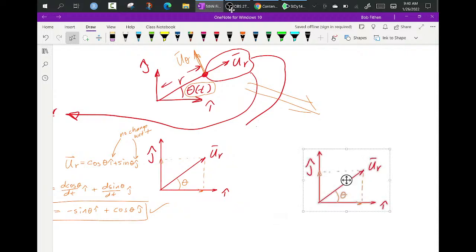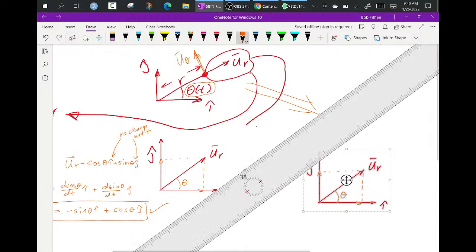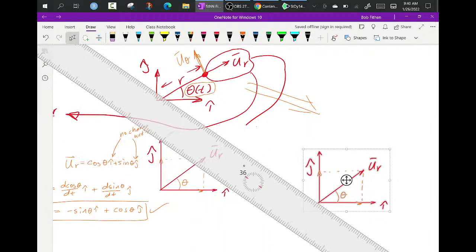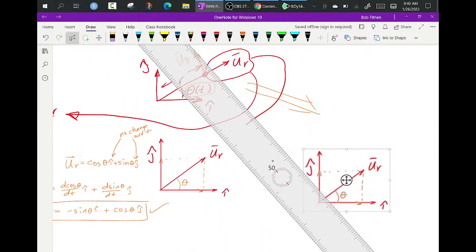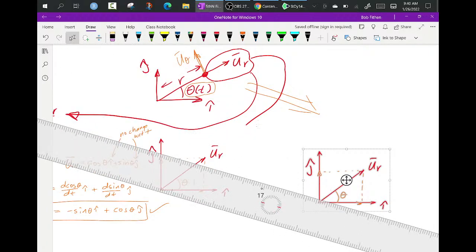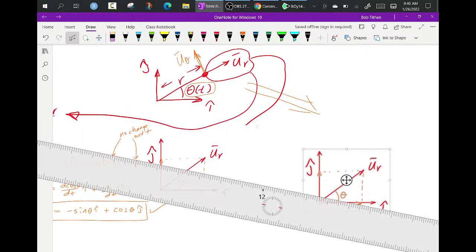Now, I'll draw back out my ruler. It was 38 degrees. Okay, what is 38 plus 90? 128? Is that right? Oh, no. So, okay, what's 180 minus 38? What's that?